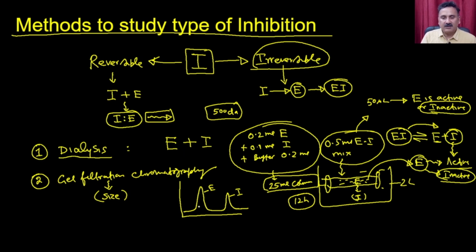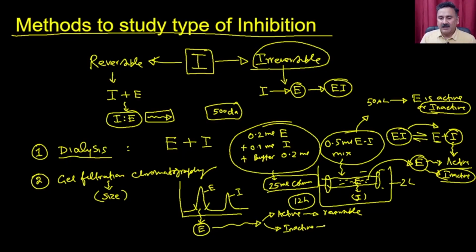So now what you can do is take this whole peak and collect it, and you are going to get the enzyme, and you can again ask the same question, whether the enzyme is active or inactive. If it is active, then the inhibition is reversible, right? Because you have removed the inhibitor.